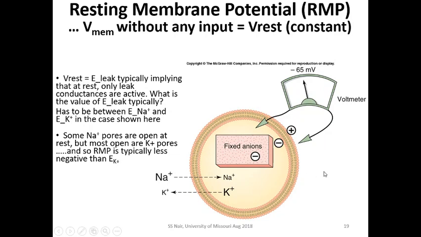It depends again on the concentrations. If you look at typical concentrations in neurons in our brain, it'll be close to this, minus 65 millivolts. So that means some sodium pores are open at rest, but most open are potassium pores. And so resting membrane potential is typically less negative than K+.